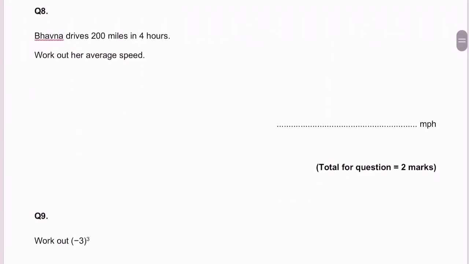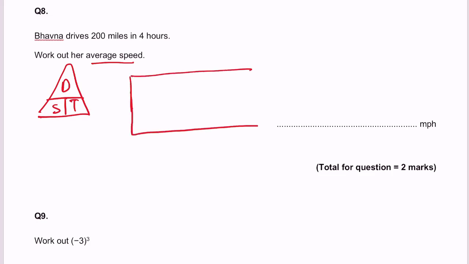Question 8. Bhavna drives 200 miles in 4 hours. Work out her average speed. For this question, we need to work out the average speed. Previously we've seen speed is equal to distance divided by time. We can also use the ratio table, a slightly different method.